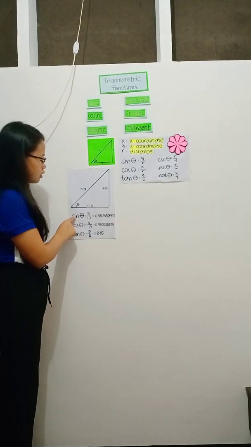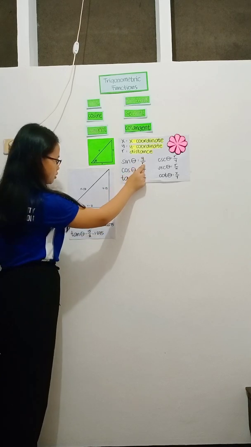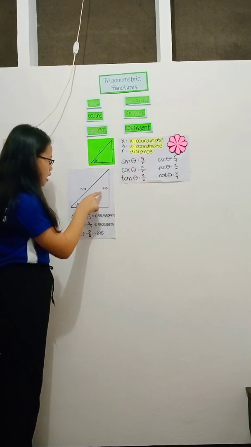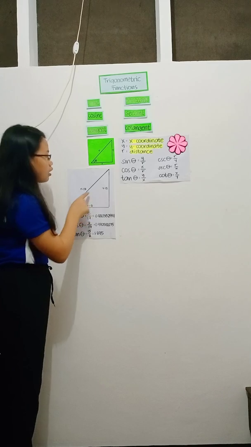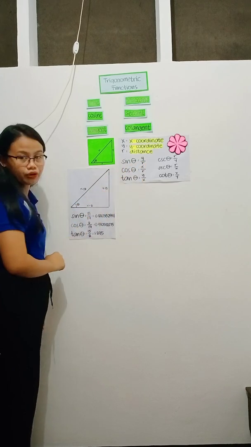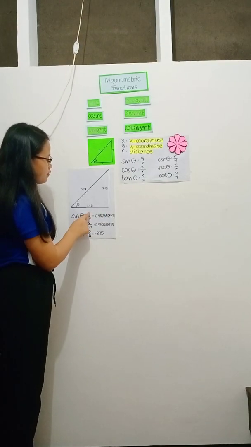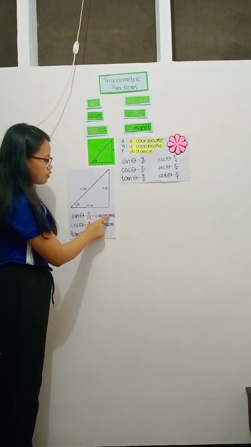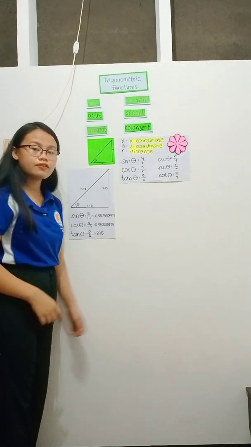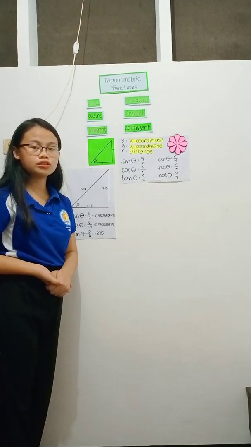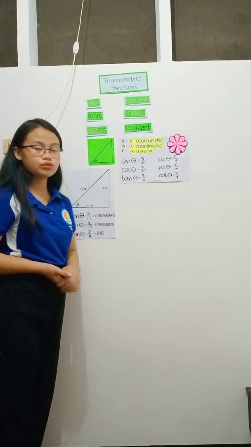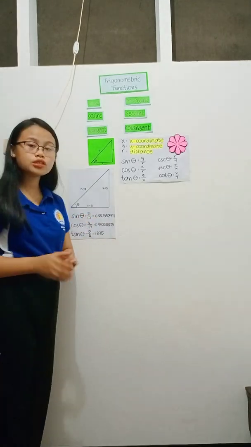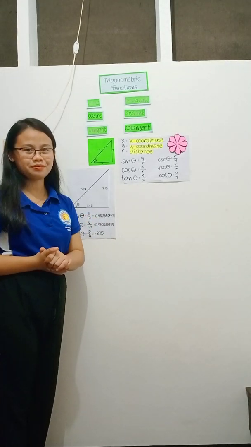For sine, y over r, 15 divided by 17 is equal to 0.88235991. If you have doubts, you can use your calculator to solve this. I wrote it already so we don't take time.